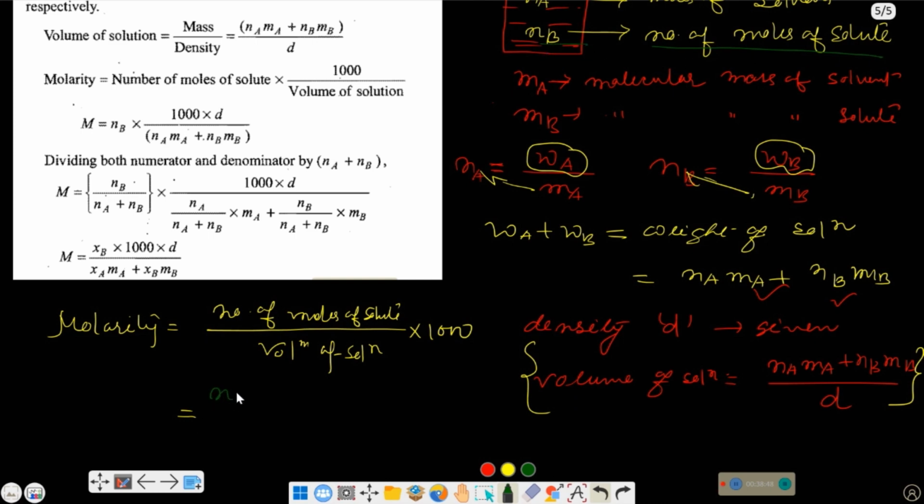So put this here: NB divided by the volume. The volume is NA MA plus NB MB, and D will go up, right? So this is your molarity M.